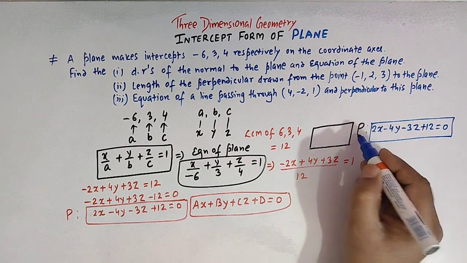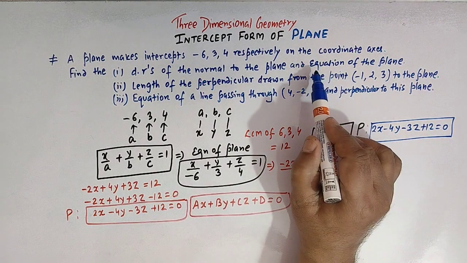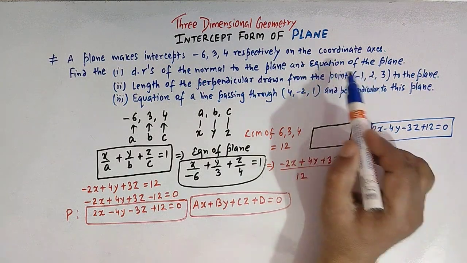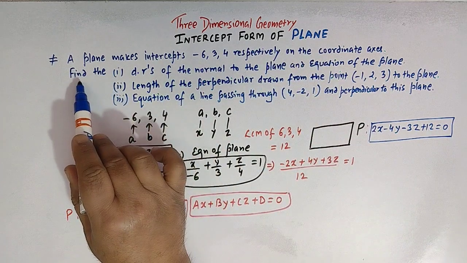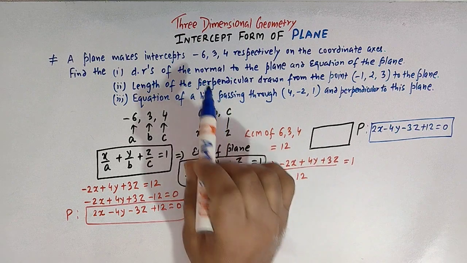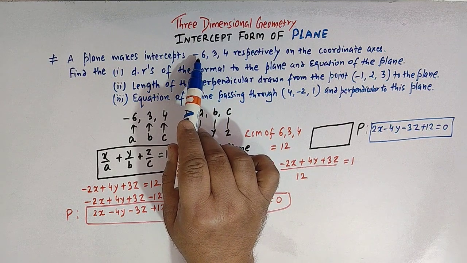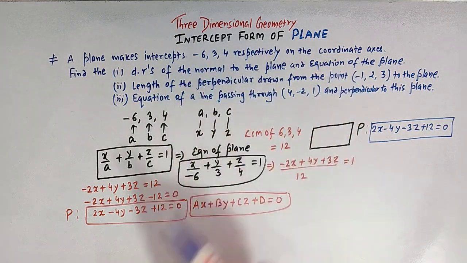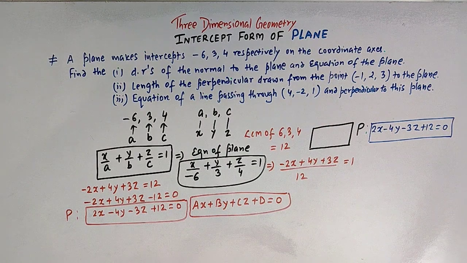So this is the equation of this plane P. So here we have obtained the solution of this part, that is to find the equation of this plane P, which makes these intercepts -6, 3 and 4 on the coordinate axis.